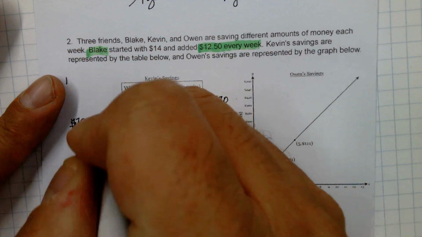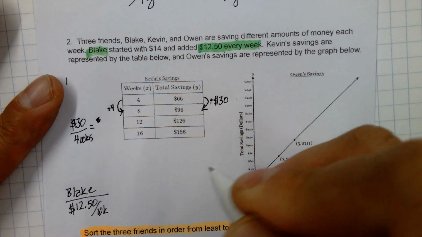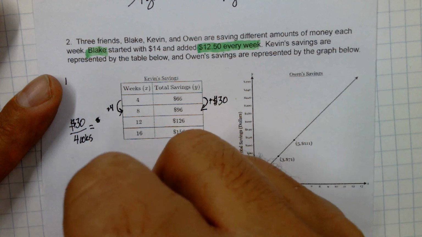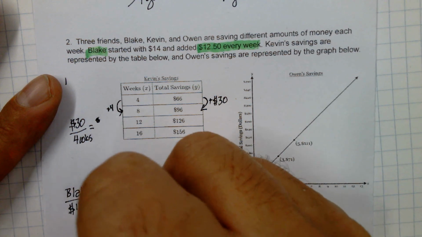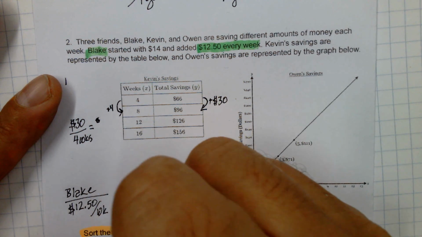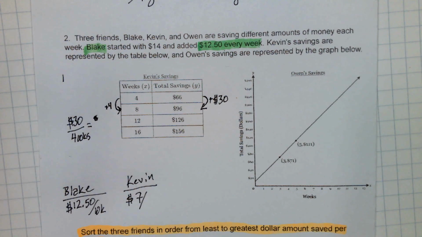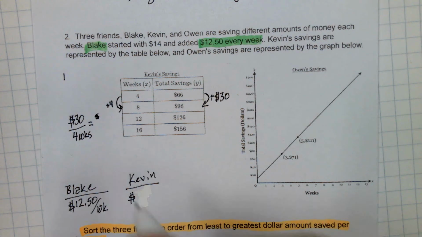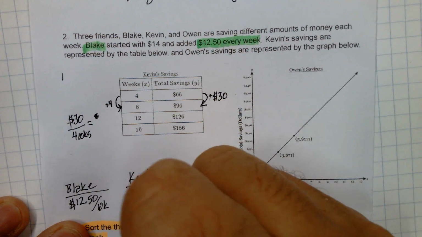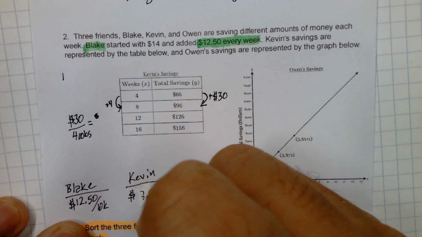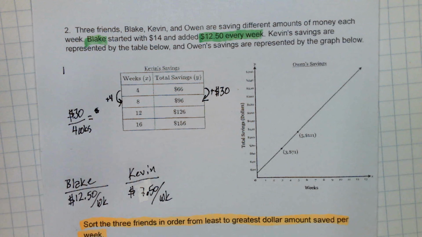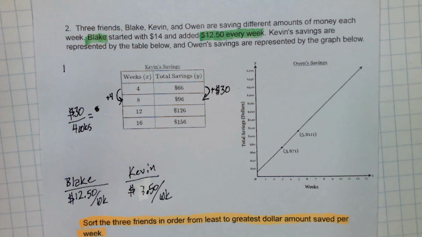So this is Kevin. $7.50 per week. Okay. So 2 down, 1 more to go.